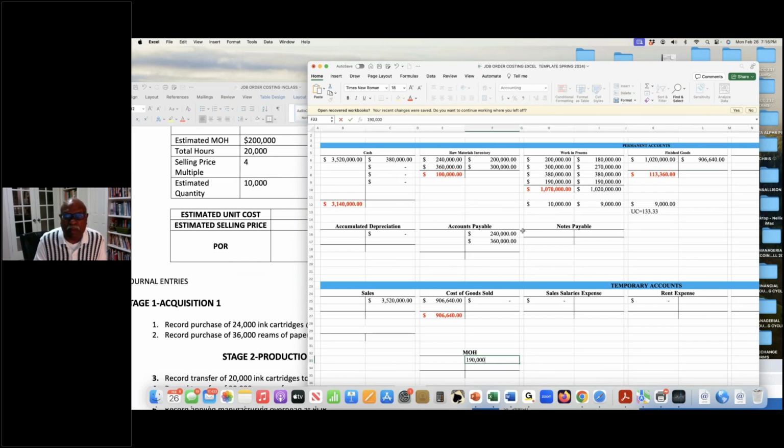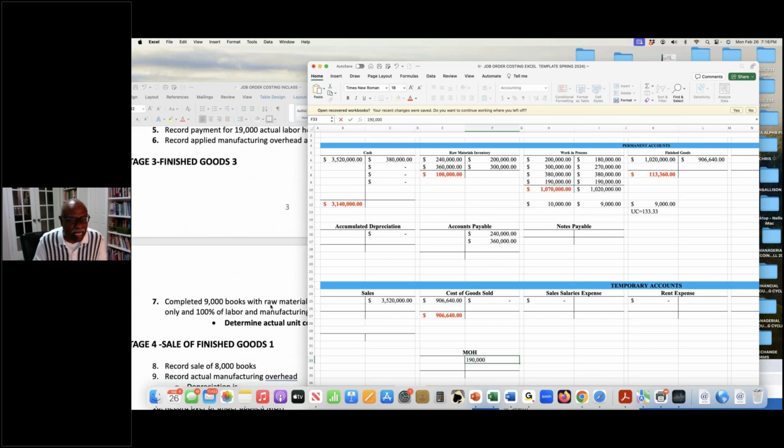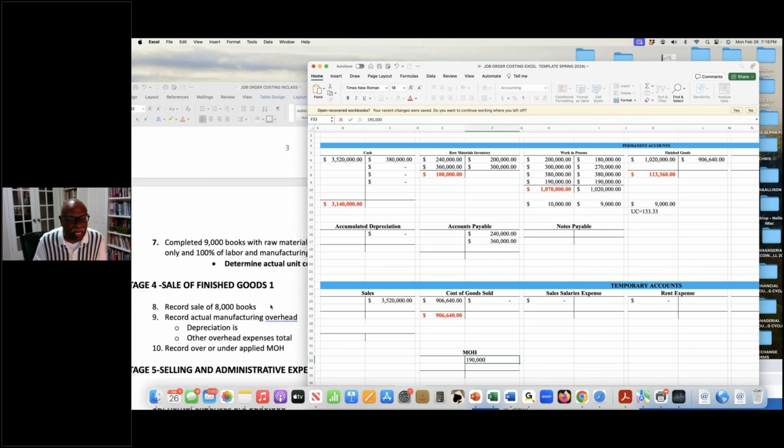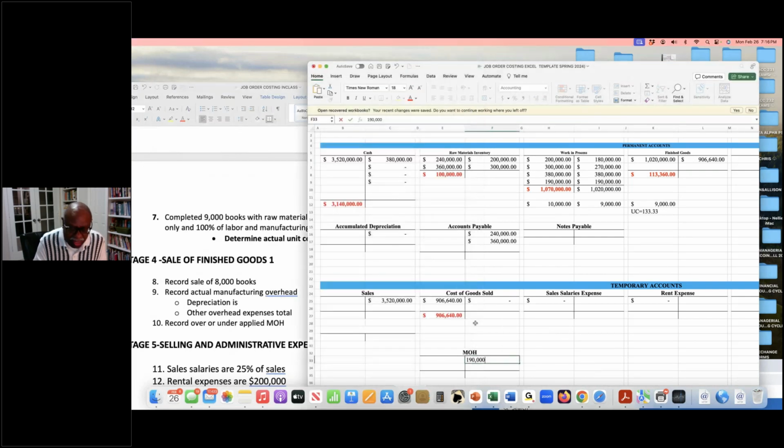We debited work in process and credited the manufacturing overhead. Now it tells us that the actual overhead is 180, so we're going to have a debit here of 180,000.